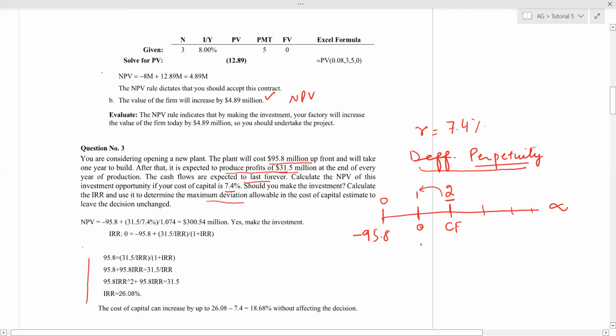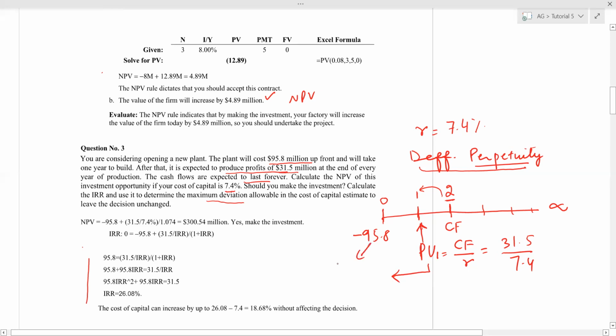So the present value of the perpetuity of this cash flow at year 1 is equal to the cash flow divided by R. How much are the cash flows? 31.5 and 7.4%. But please remember, this answer is at year 1, and we need to bring our answer back to year 0.